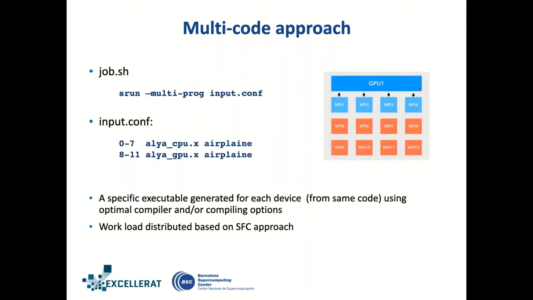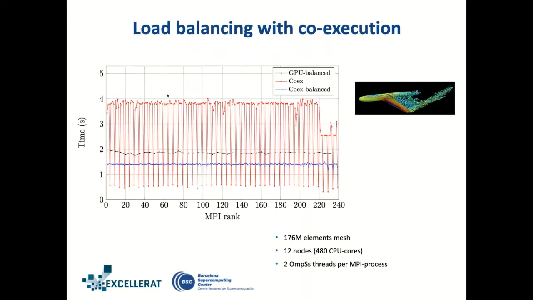The nice thing is that you can compile each executable with the best compilation options according to the device where you want to run. The only thing that you need is that they do the MPI calls that relate them at the same point, and that's it. Because we use the same code, just different instances of it. And here you can see the result.